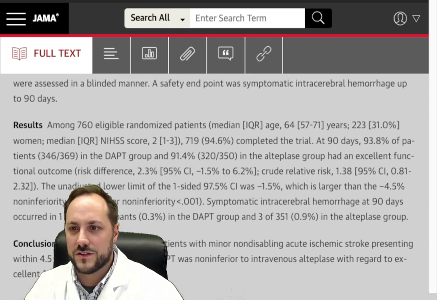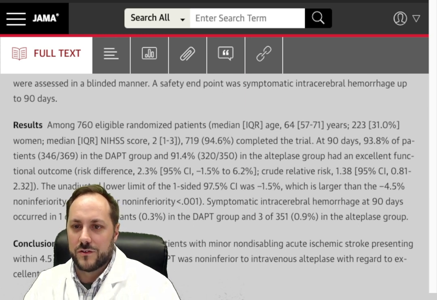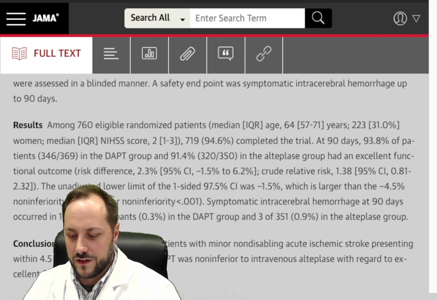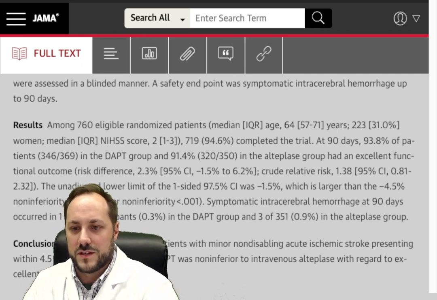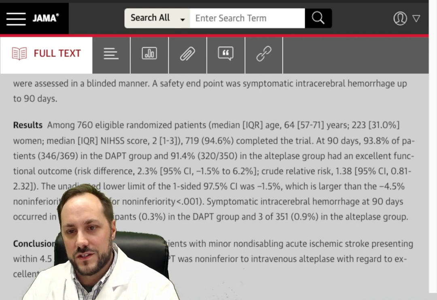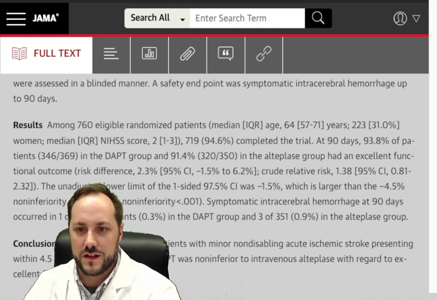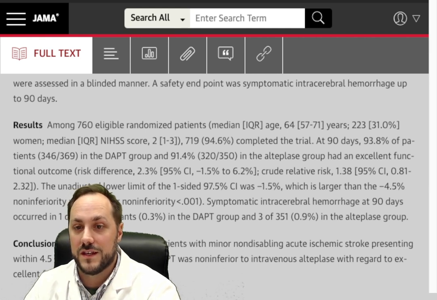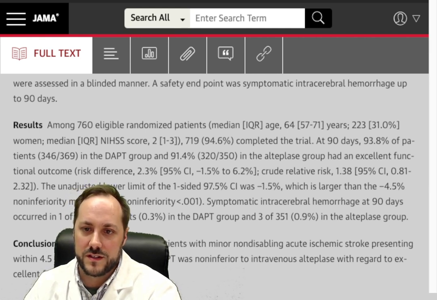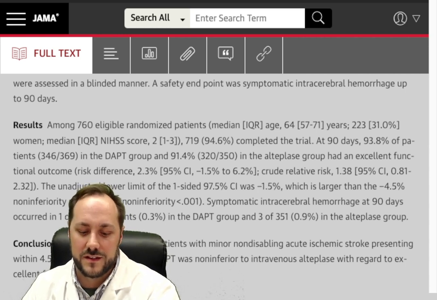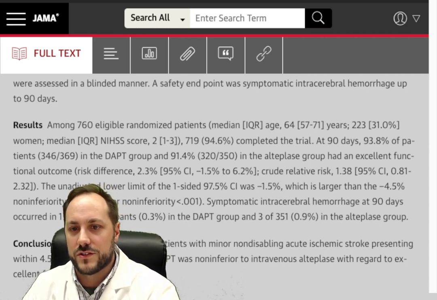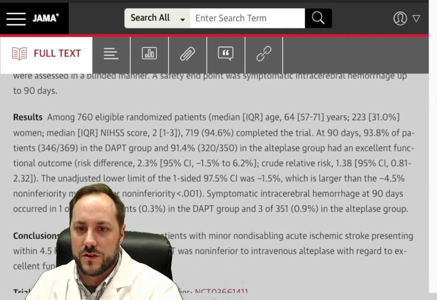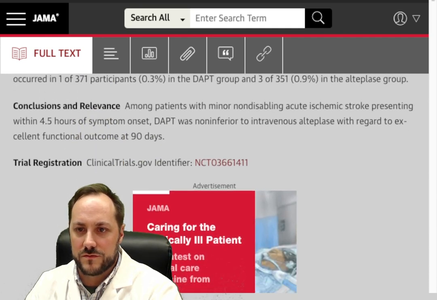So that would suggest to you that it would be slightly better, potentially, or at least non-inferior, to use dual antiplatelet in these people that have very minor strokes, which is interesting because it also turns out that thrombolysis is most effective in the minor strokes of the smaller vessels, and that it has a much lower recanalization rate with the major strokes. But this is where we are in this year.